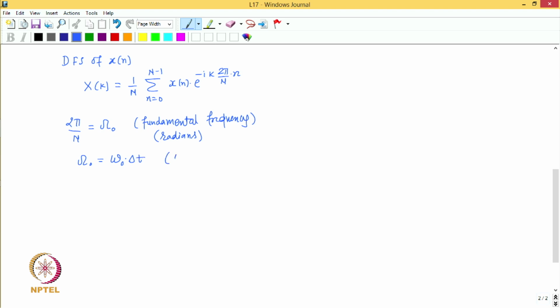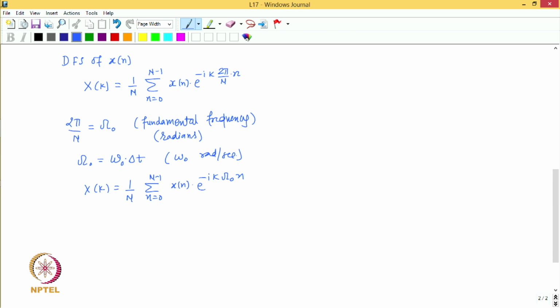Here lowercase omega naught is the fundamental frequency in radians per second, and the uppercase omega naught and lowercase omega naught are related by this relationship. So therefore we can now write down X k as 1 upon N, summation n equal to 0 to N minus 1, x n e to the power minus j k uppercase omega naught n.